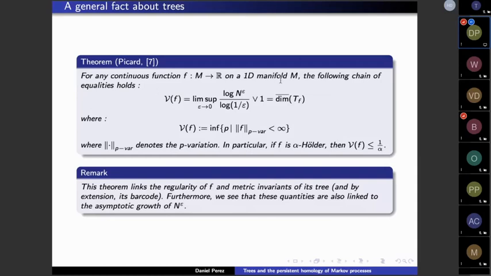And in fact, these two quantities are also related to the growth of this function n epsilon. And so if you study the small bars, you get access to information about the process, quite important.